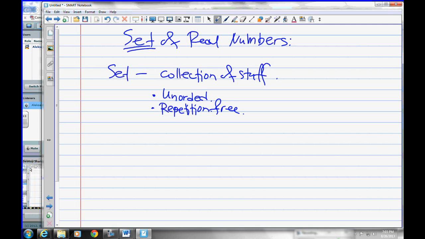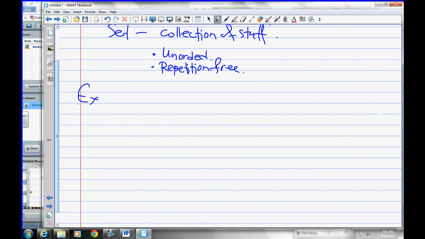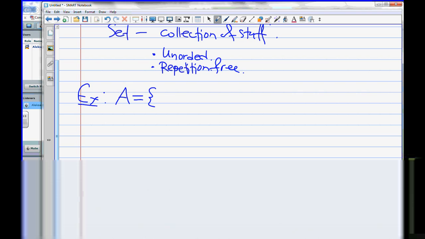Good. So, for example, the way we write our sets, the set notation, we usually use capital letters to denote the name of the set. And set A equals, we use those curly brackets, and then we just start throwing things in that set, whatever we like. So let's put things in there. What do you want to put in there? Infinity.